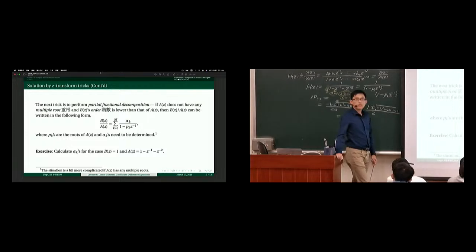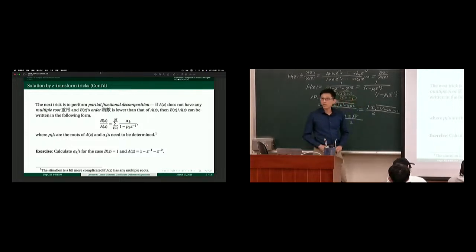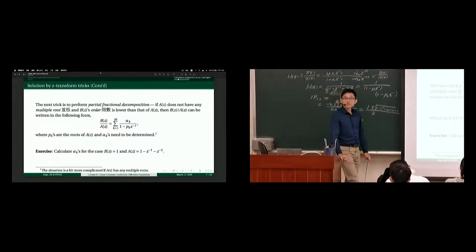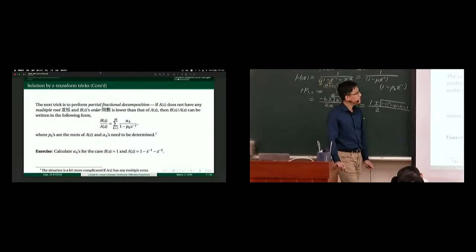So that's really the highlight of today's lecture. We learn how to solve for the impulse response of an equation by using the Z transform.